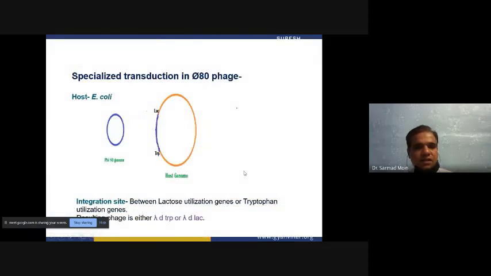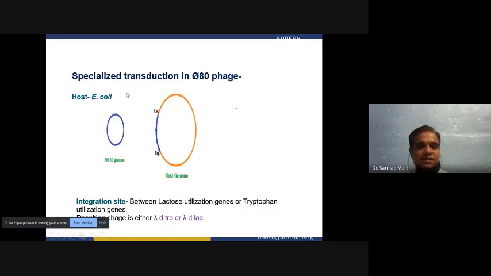Okay. Then the next specialized type of transduction happens in the phi 80 type of phages, and it has the host or competent cell E. coli. So this is the structure of the phi 80 genome. It is double-stranded circular DNA when it is in the E. coli.